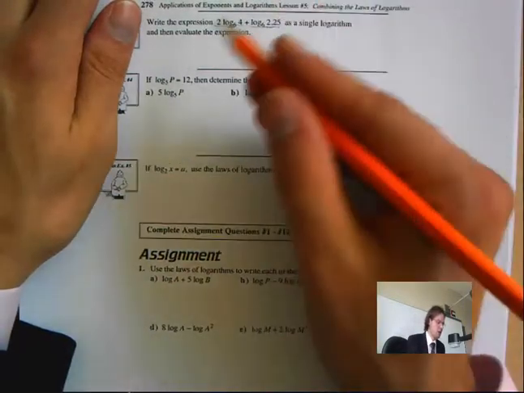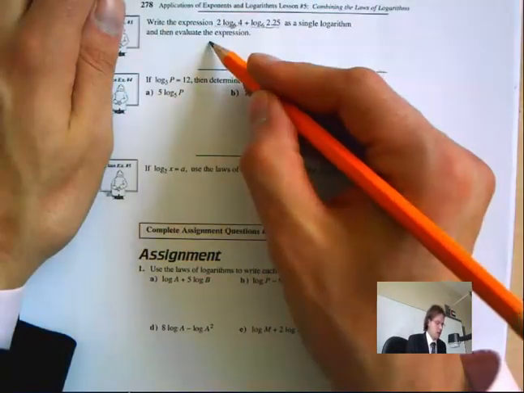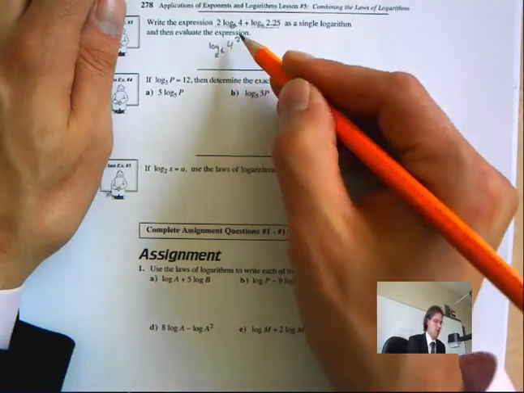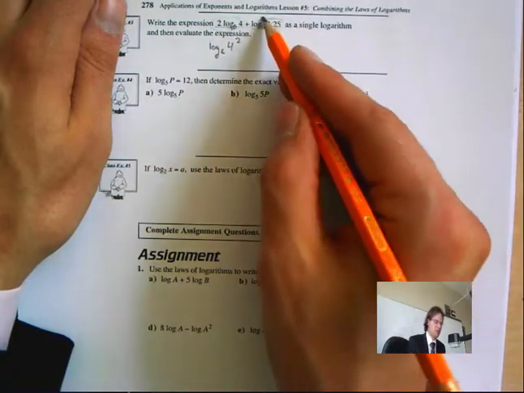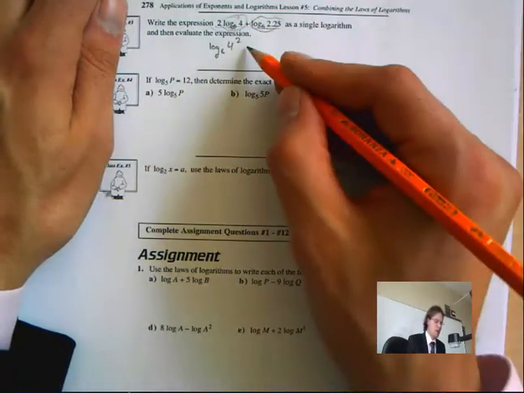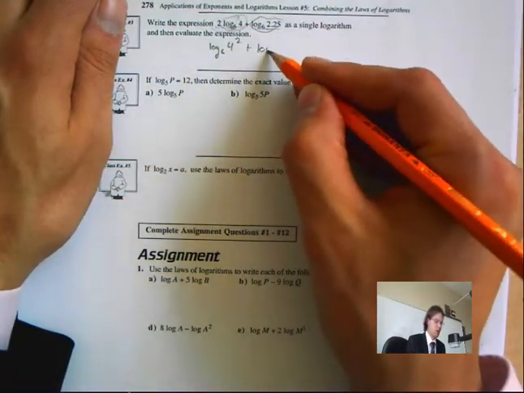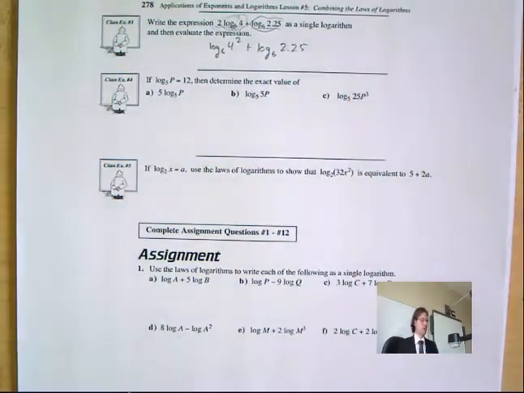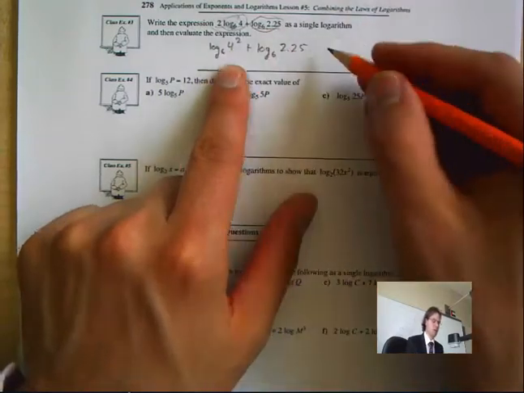simplify them. Okay, so I'm going to have log 6 to the power 4 squared, because I can't just add these together, because these aren't the same thing. And then we're going to go plus log 6 2.25. All right. Now this is going to give me log 6 16.